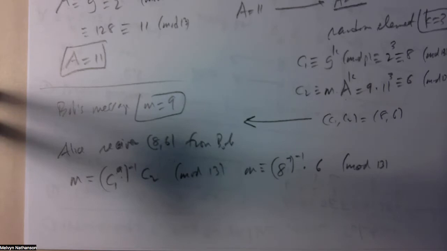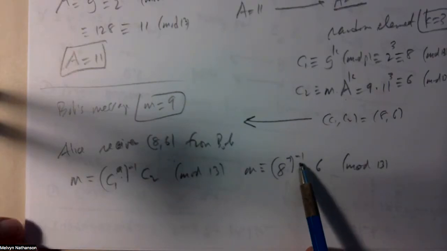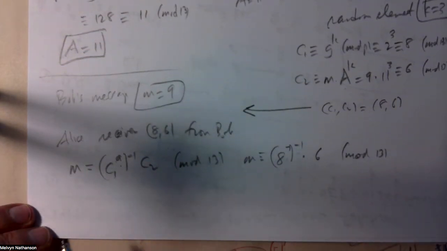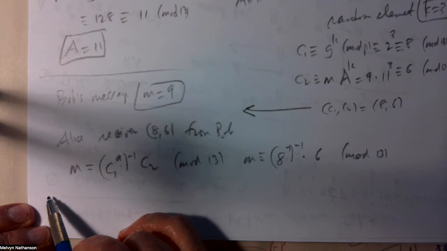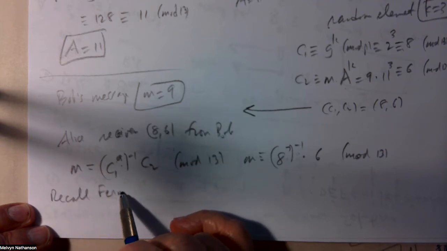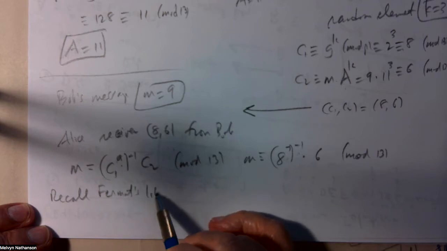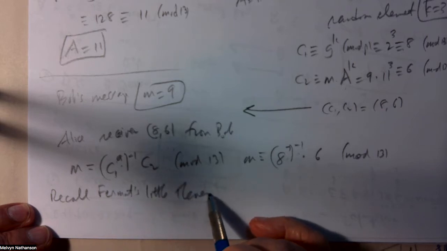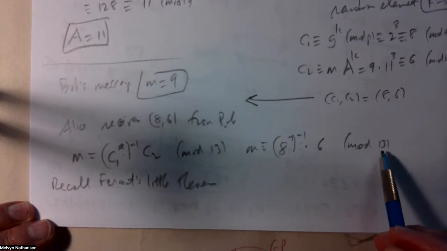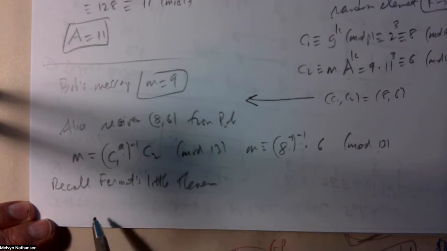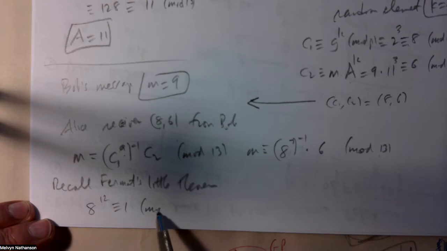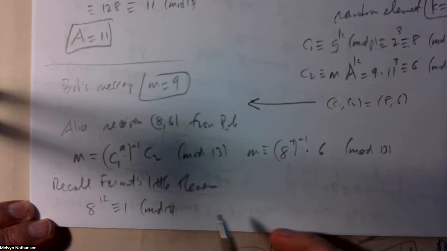So we have to calculate this number. Calculating this to the -1 can be done in a very simple way. You have to recall Fermat's little theorem, which in this case says that if you take any number a relatively prime to 13, like 8, 8 to the 12th power is congruent to 1 mod 13.